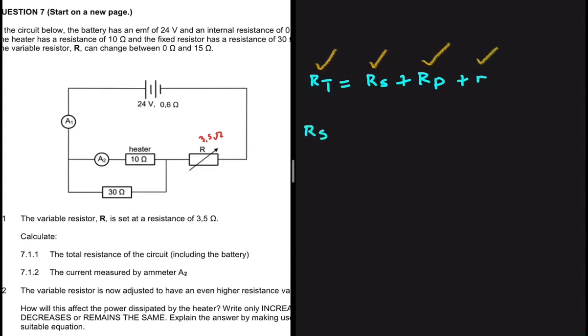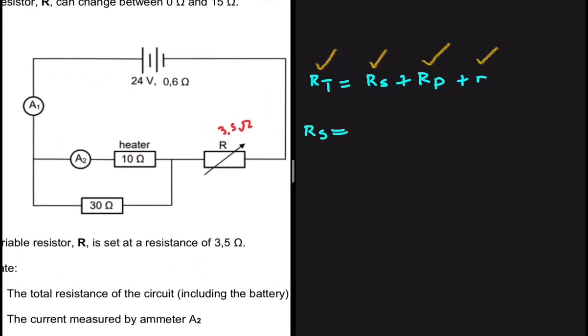The resistance in series is just going to be the resistance of this variable resistor. It's the only resistor that is in series, right? R1 plus R2 and so on. This is sort of the formula we use. But in this instance, we only have one resistor in series. So we're just going to have 3.5 ohms. And now, let's go ahead and find the resistance in parallel.